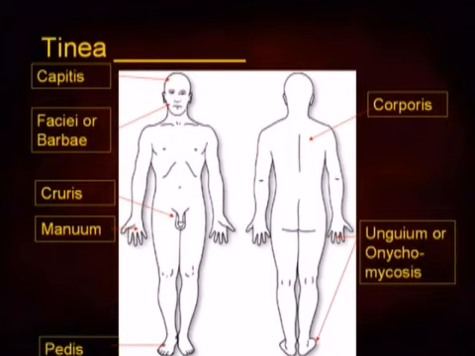So tinea capitis on the head, tinea faciei or tinea barbae is specific for the beard area on the face, tinea cruris in the groin, manuum, or sometimes we say manus, involving the hands, and pedis, involving the feet. Tinea corporis is kind of a catch-all for some place on the body that's not specifically named by one of the other terms. And then tinea unguium or onychomycosis is the term for nail involvement.